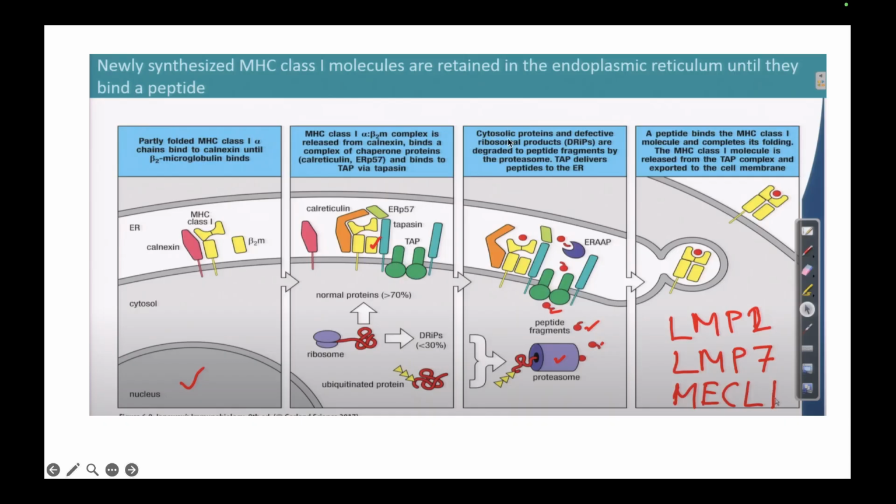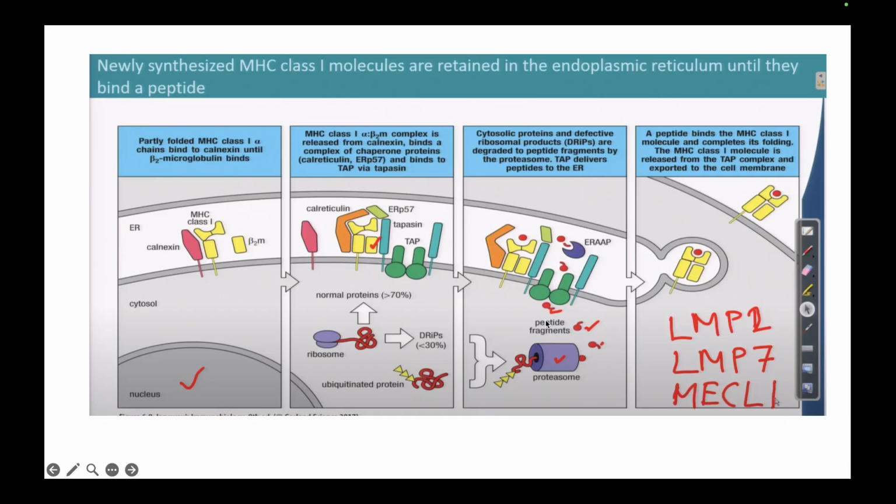What happens next is that cytosolic proteins and defective ribosomal products, DRiPs, are degraded to peptide fragments by the proteasome. Here you can see the proteasome machinery degrading them. These peptides are generated, and TAP delivers the peptides to the ER.